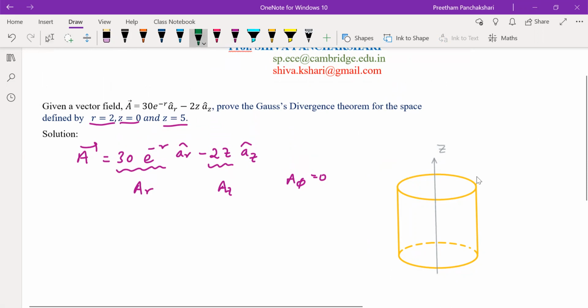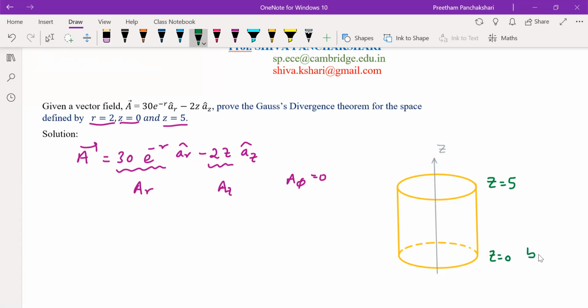The cylinder is coaxial to the Z-axis as per the standards of the cylindrical coordinate system. The larger value of Z is 5 with respect to 0.